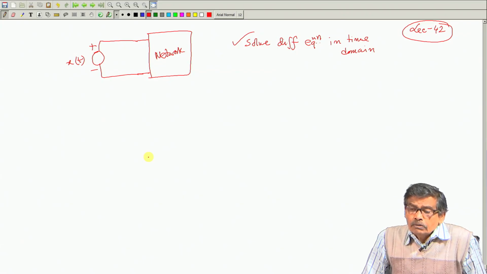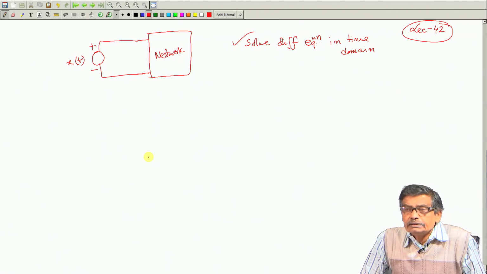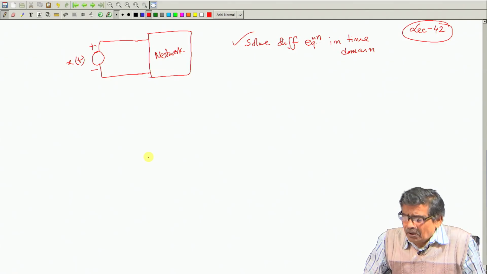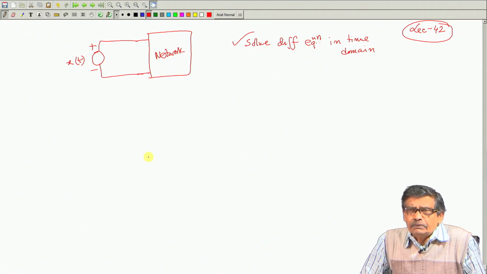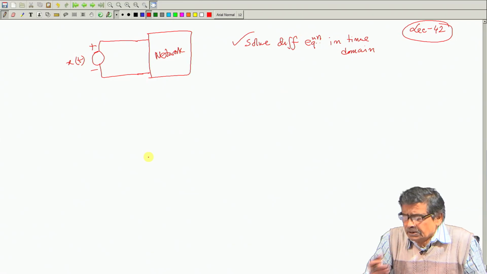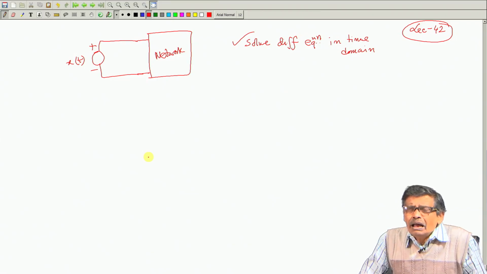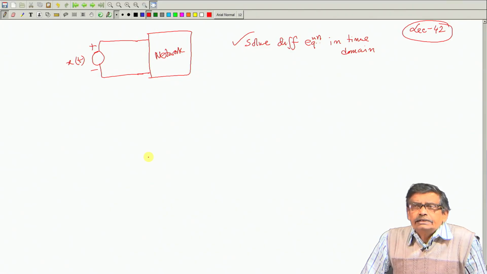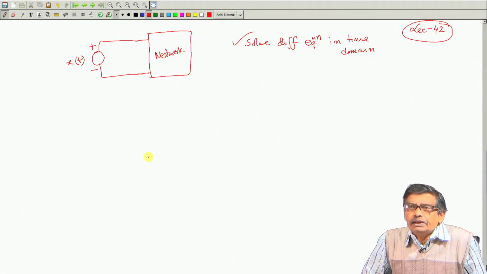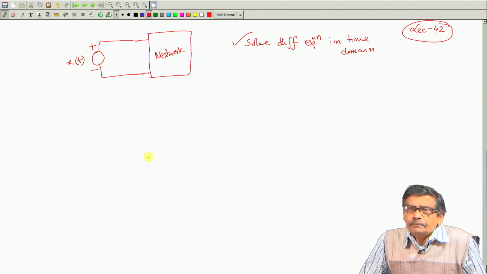Now, the natural response will generally die down with the time constant of the circuit. So, after the order of milliseconds, that natural response will be born when you do some switching in the circuit, and after some time it will die down, and finally, only the steady state current will exist.